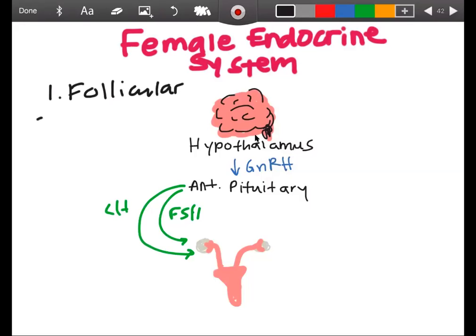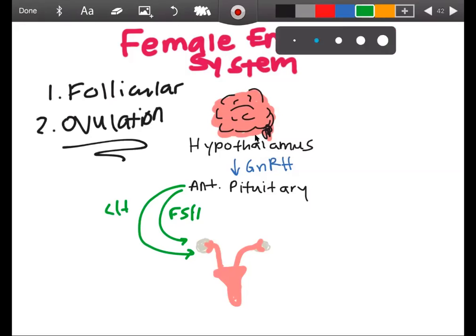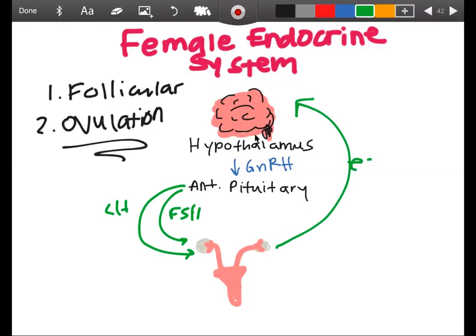And then next, the body is going to go into the ovulation phase. So the LH and the FSH in the ovulation phase, they're going to stimulate the maturation of one of the growing follicles. And so then from the ovaries, they're going to send estradiol to the hypothalamus in this phase.